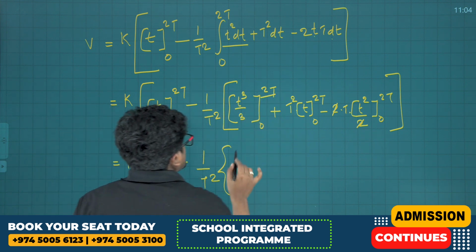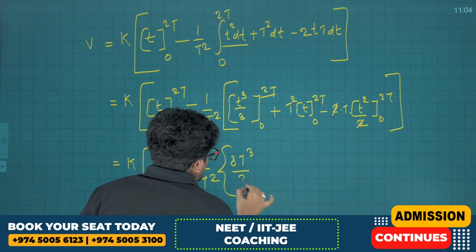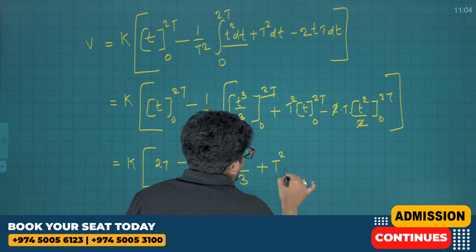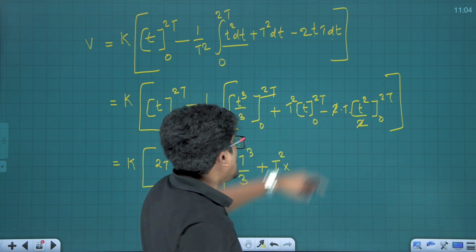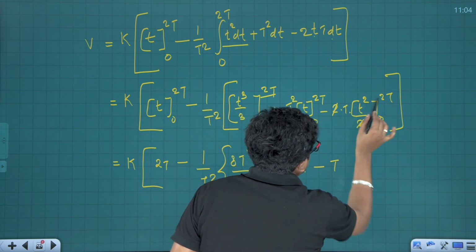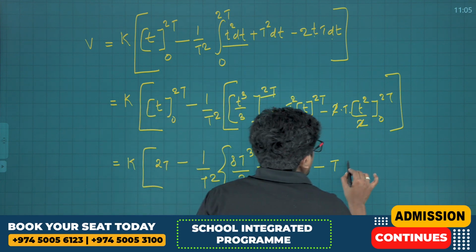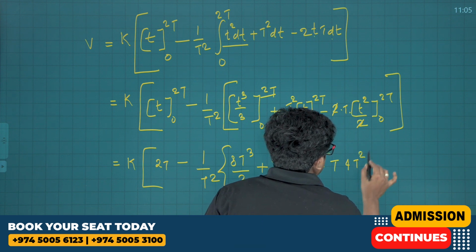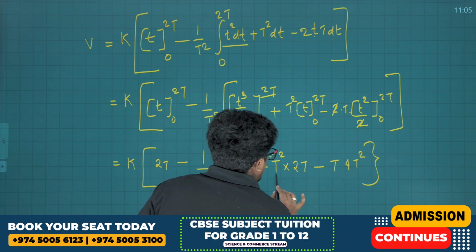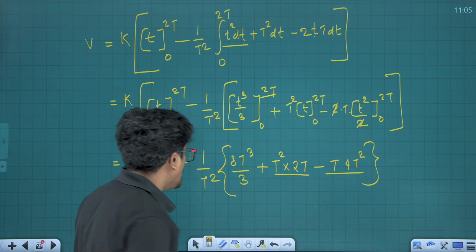Here this is going to be 2 to the 4, 8t cube by 3 plus capital T square into 2t only, 2 times t, minus t into 2t square. 2t square means 4t square. Alright. So here this is 2t cube and here this is 4t cube. So that is minus 2t cube.